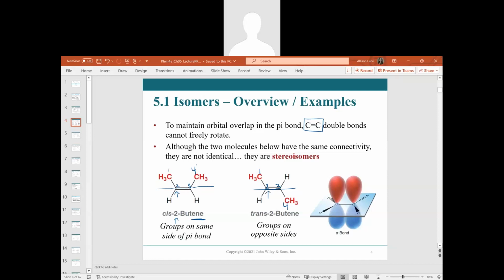So that's the same in both compounds. The only difference we see here is the spatial or 3D orientation of these two groups. We have both on the same side in our cis-2-butene, and then we would have the two groups on opposite sides in our trans-2-butene. So not only can you name ring structures as cis and trans, you can also name alkenes as well.